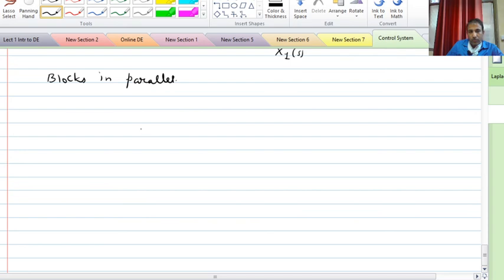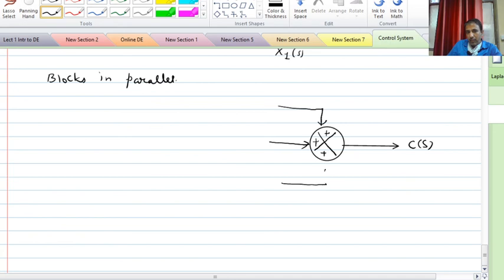Suppose we are using a summing box here at this position, and here is the output, that is CS, and here three blocks are added with plus plus plus. This may be minus also. So in this way, this is plus, this is plus, and this is plus.